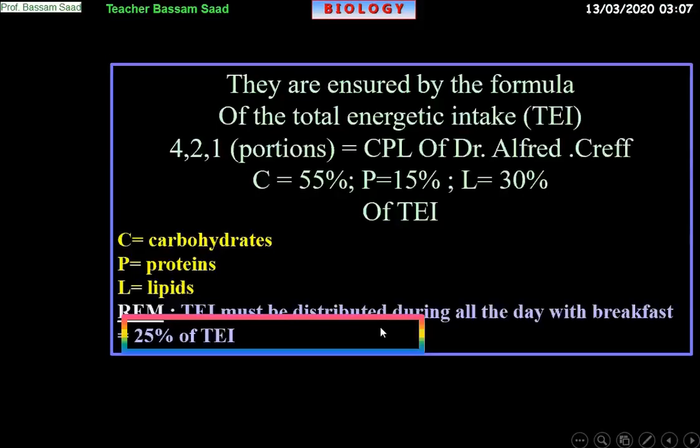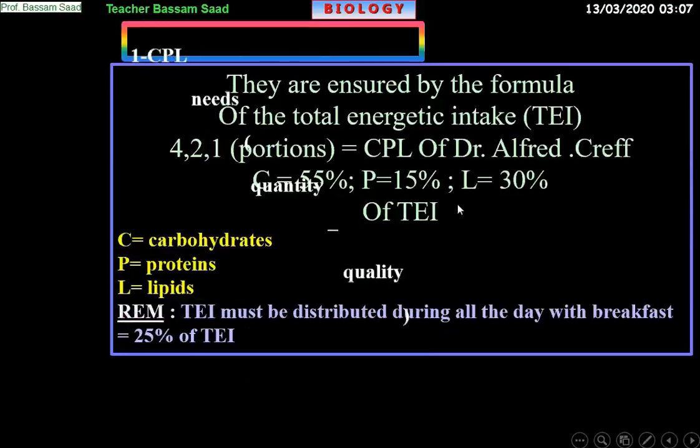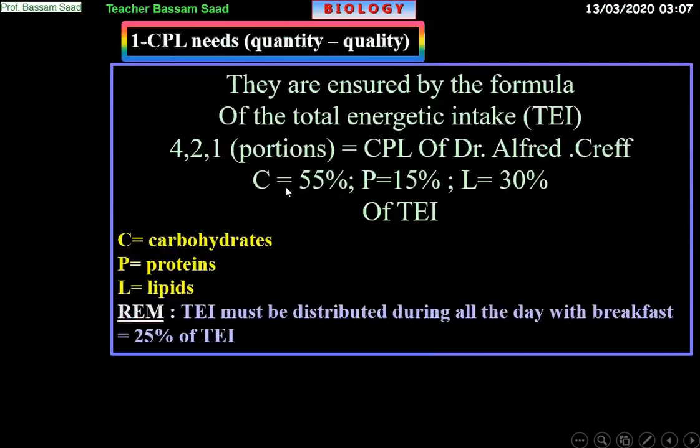We can find the mass of carbohydrates, the mass of proteins, the mass of lipids, based on this formula. And don't forget, 25% of this total energetic intake must be provided by our breakfast.